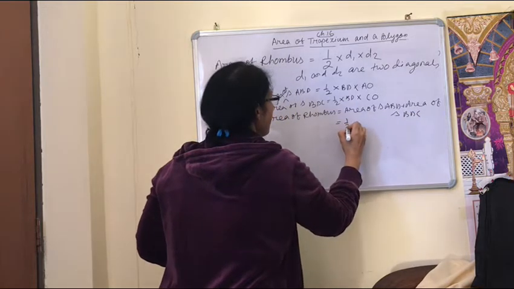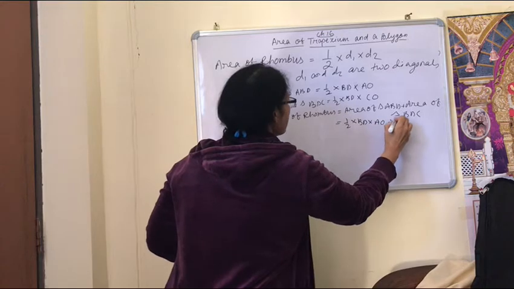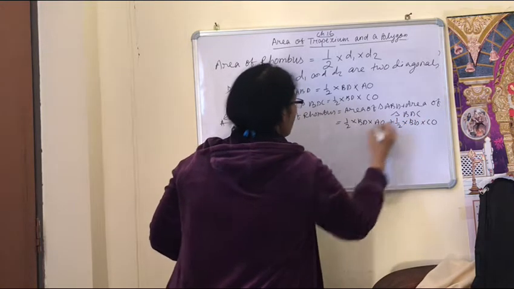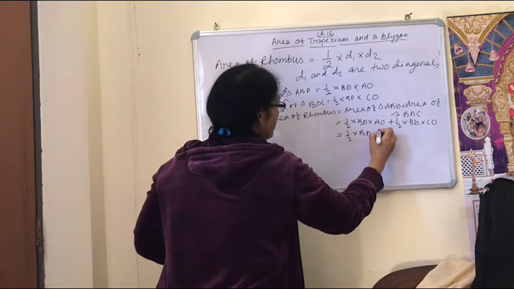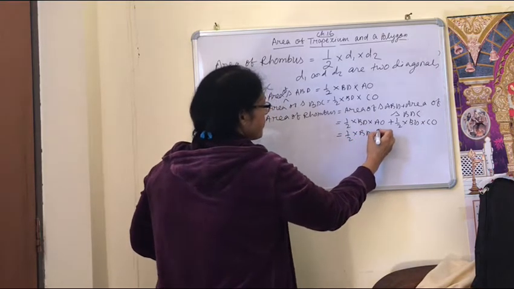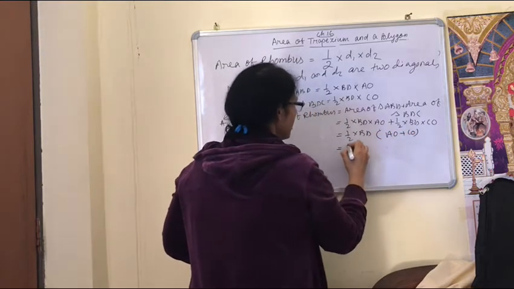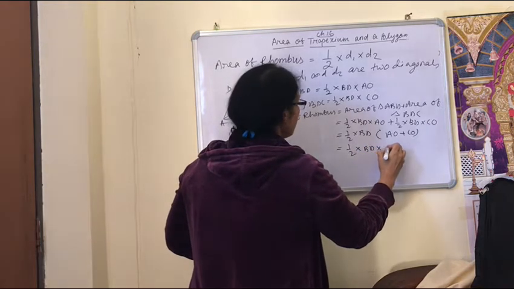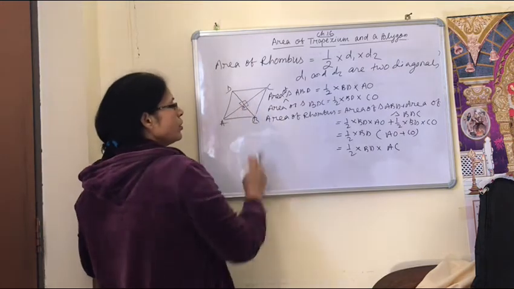That means half into BD into AO plus half into BD into CO. You take common half into BD, AO plus CO. That means half into BD into AC, where AO and CO is your AC.